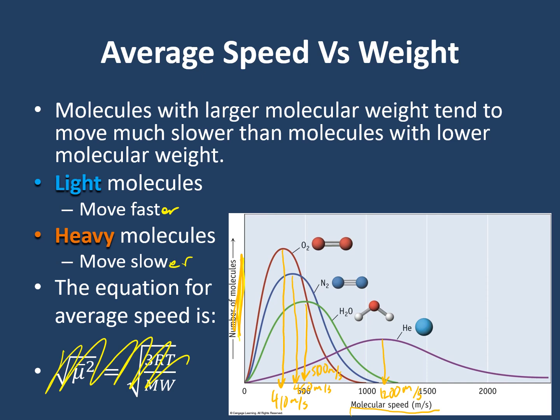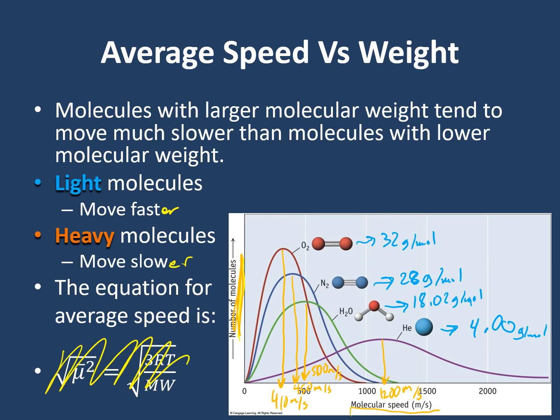Now, if we look at molar masses, a trend begins to appear. Oxygen's molar mass is about 32 grams per mole. Nitrogen's is about 28 grams per mole. Water is about 18.02 grams per mole. And helium is about 4.00 grams per mole.